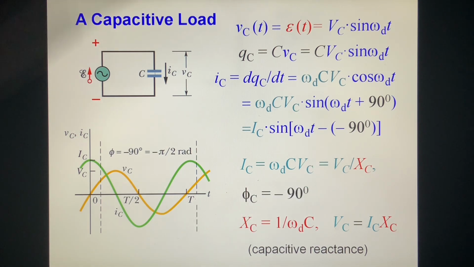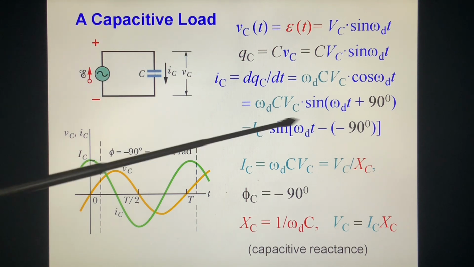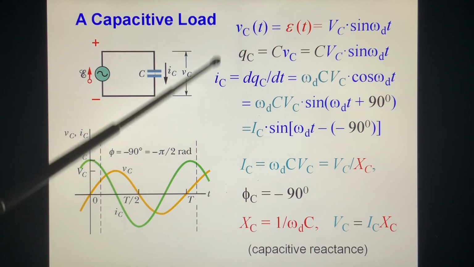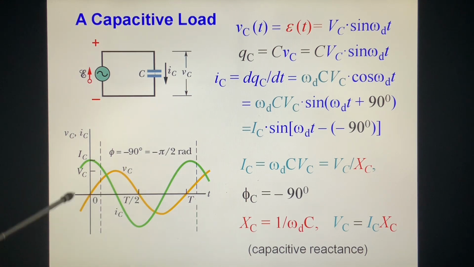Anyway, capacitive current leading 90 degrees, and the phi is minus 90. V is sine, I is cosine, and I is leading. So when V is 0, the I is already 90 degrees, it's already at the top.